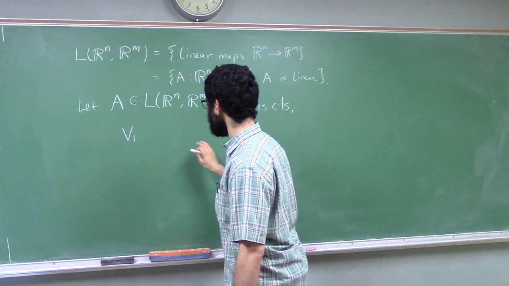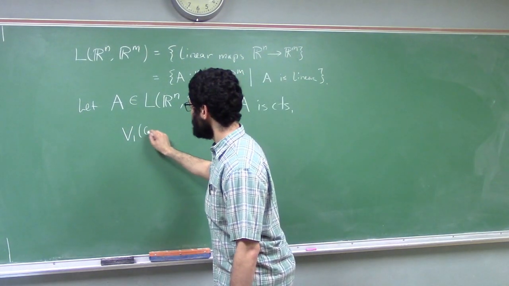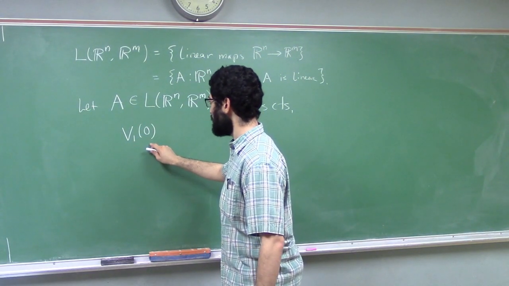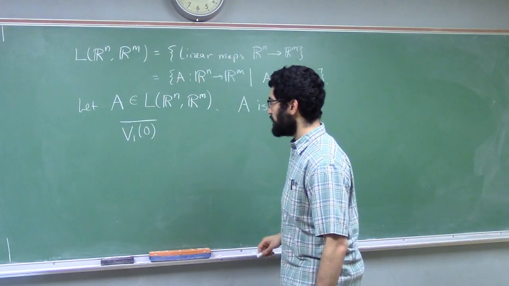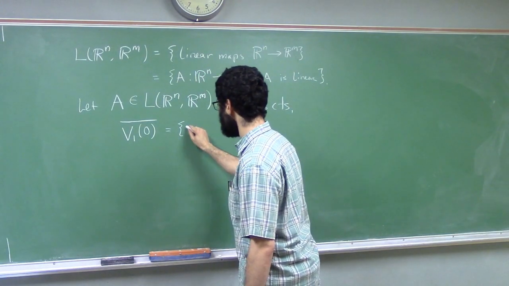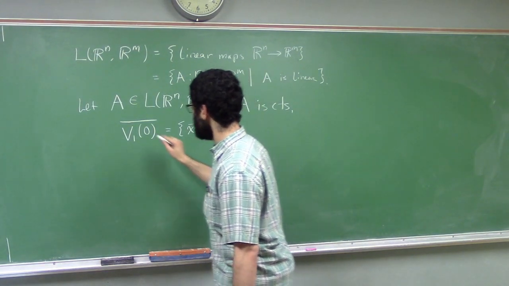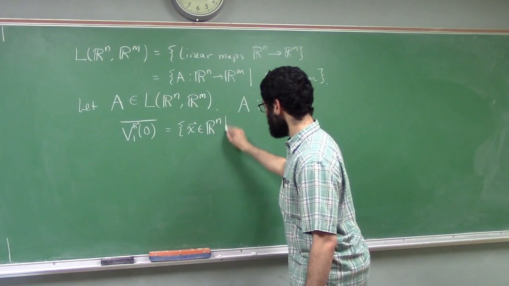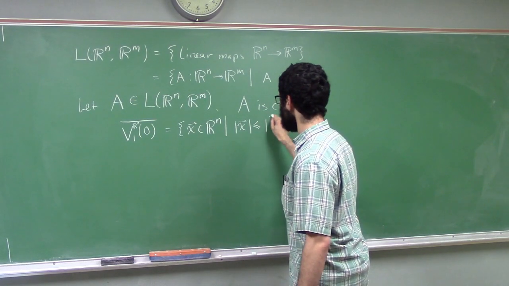The kinds of sets that I can take images of are subsets of Rn, n-dimensional Euclidean space. If I take the unit ball in Rn and take the closure of that, just to be clear about what that closure is, that's the set of vectors in Rn with norm less than or equal to 1.